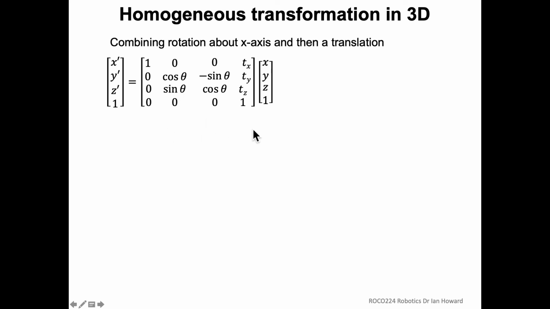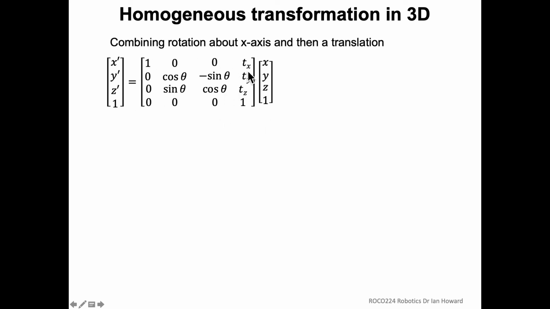We can also combine the rotation and the translation together in the same matrix now, though, because now we've got this translation vector part that we can put in the translation that we're after, right? So in this case, what we're doing is we're rotating now around the x-axis, because this is the x-axis rotation matrix component.